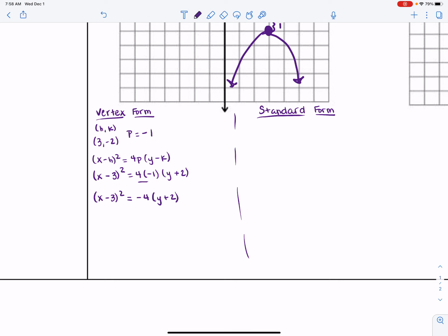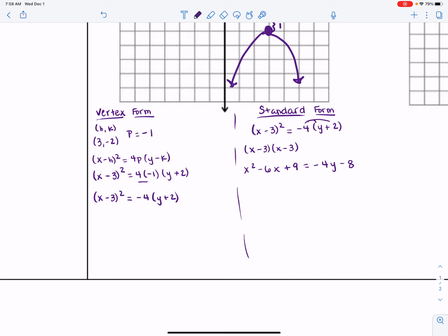We've got (x minus 3) squared equals negative 4 times (y plus 2). First, I'm going to do the (x minus 3) squared. It's the same as (x minus 3) times (x minus 3). So if you FOIL that out, you get x squared minus 6x plus 9 equals, now distribute the negative 4, negative 4y minus 8.